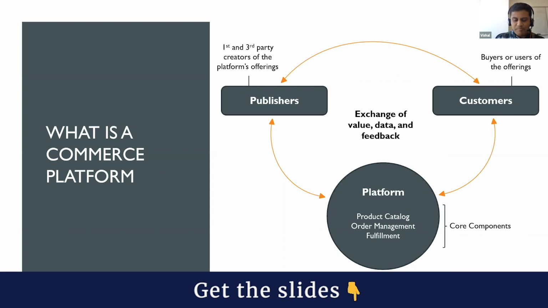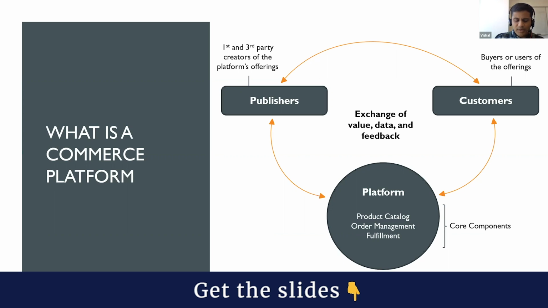Let me provide a brief overview of the core components of a commerce platform. First is the product catalog, which typically comprises product listings, stock keeping units, pricing, promotions, and your business policies. The second component is order management, which encompasses quoting, billing, payment options, and invoicing.